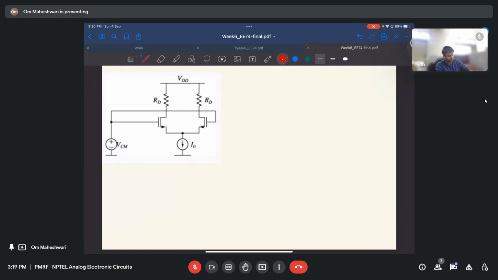So let us apply the first thing. VDS is greater than or equal to VGS minus VT, saturation. Let us take this transistor: drain, source, gate. I can write VD greater than VG minus VT, and we don't know VD yet.